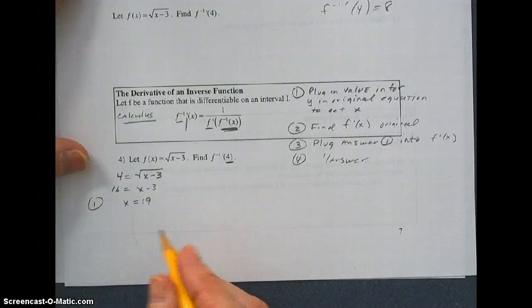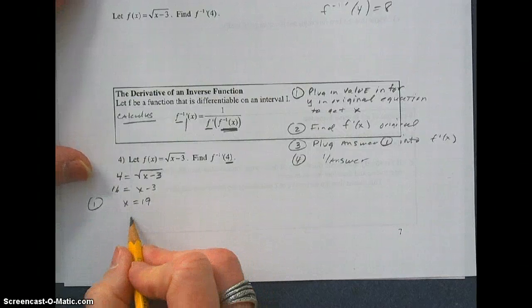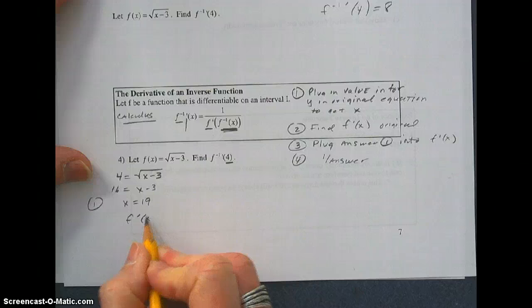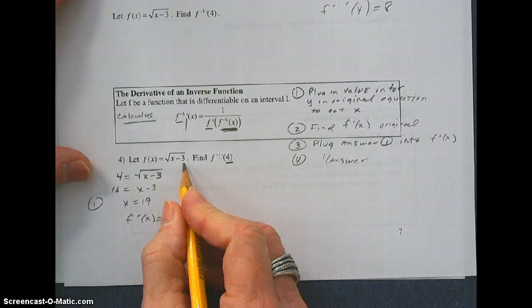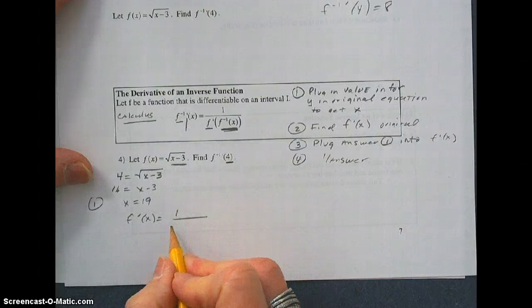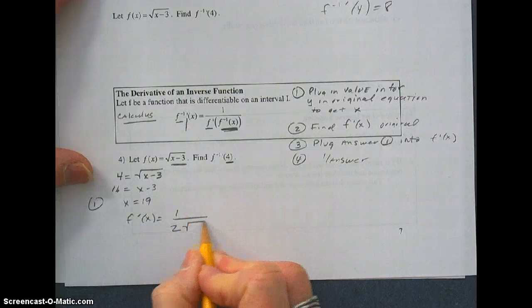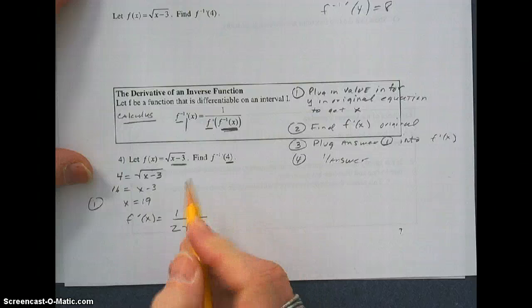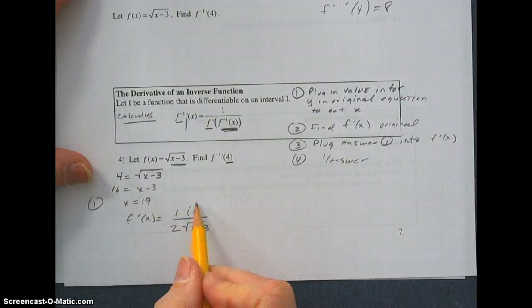Now the next step is to find the derivative of the original function. So the derivative of the square root of x minus 3 is what? Bring down the power, take this to the 1 less power, times the derivative of what's inside, which is just a 1.